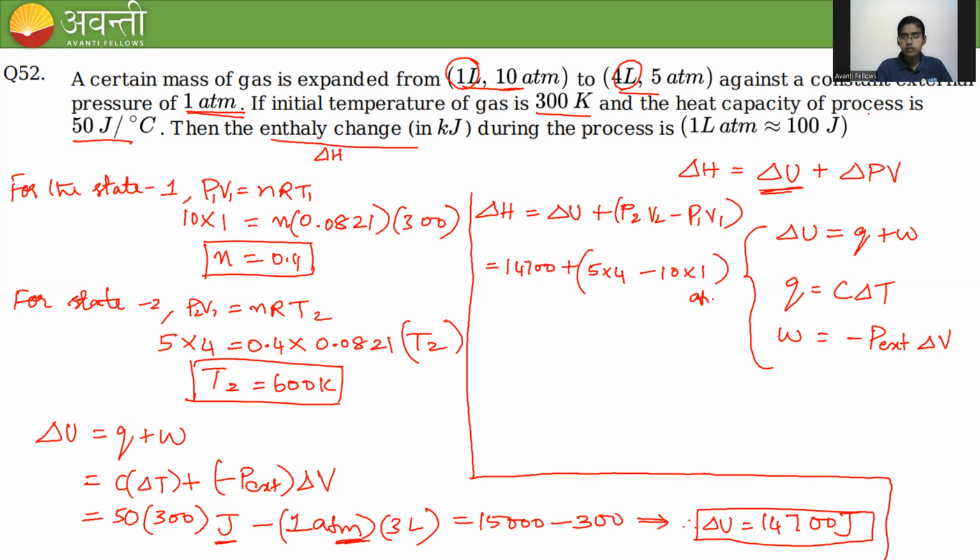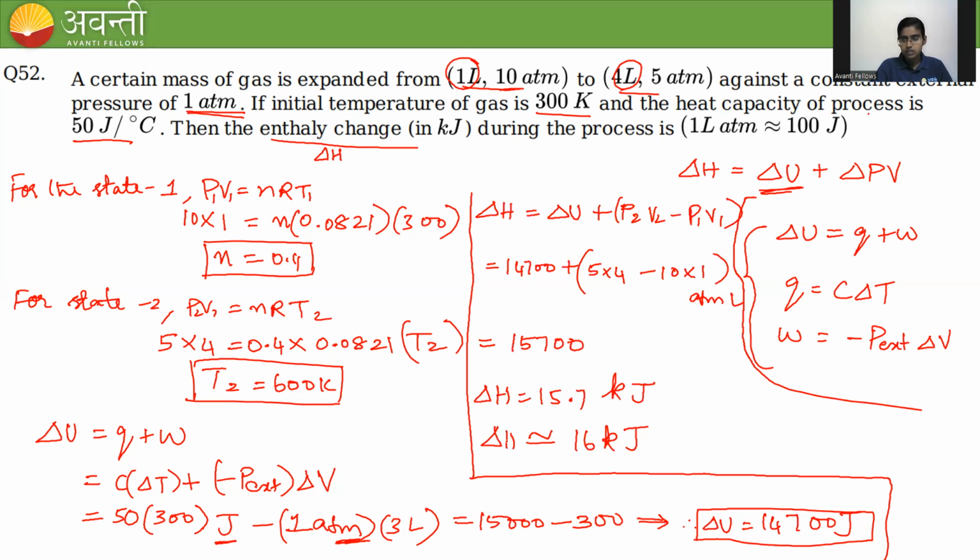It is in terms of atmospheric liter, so this is separate. On solving this, we will get 15,700. That is delta H is equal to 15.7 kilojoule, which is approximately equal to 16 kilojoule. So that is the value of delta H.